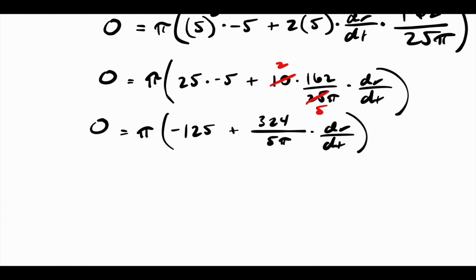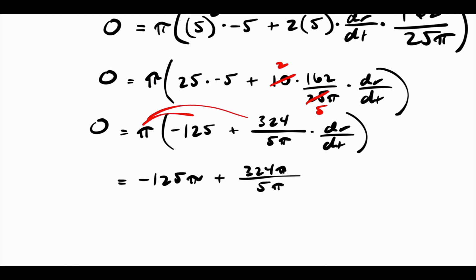Distribute. Negative 125 pi plus, the pi's are going to cancel out. So when I distribute a pi, it's going to be 324 pi over 5 pi. Those pi's will cancel out.